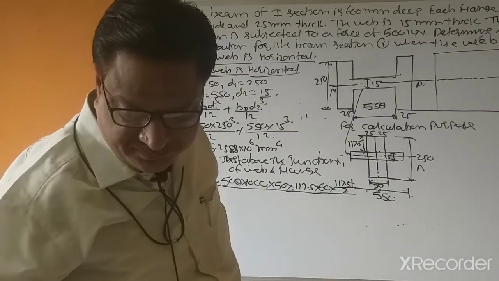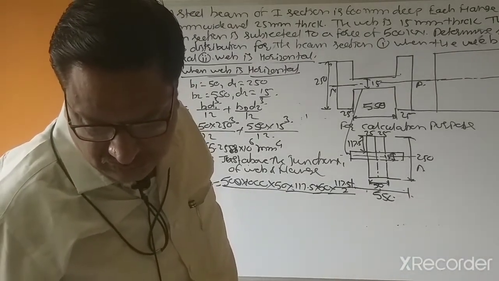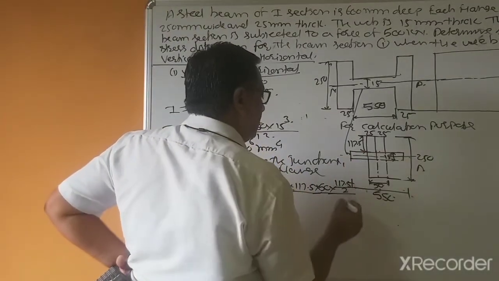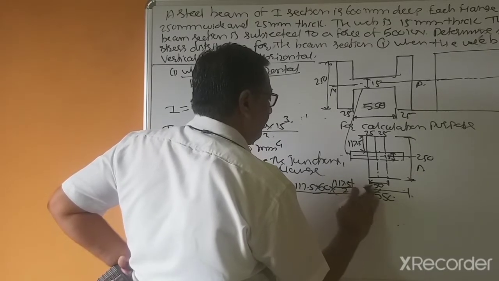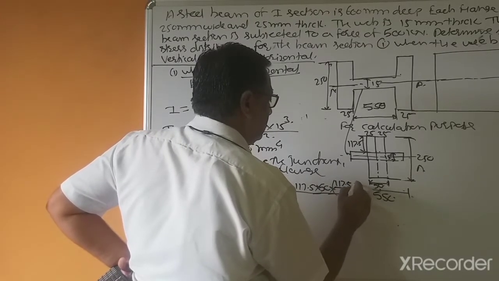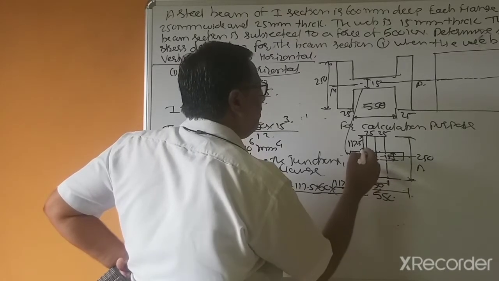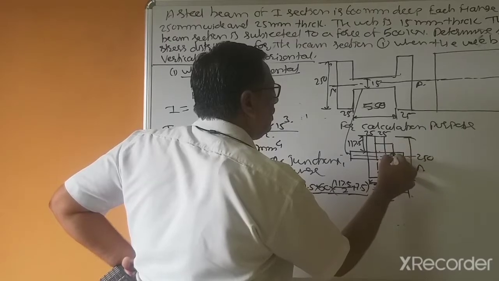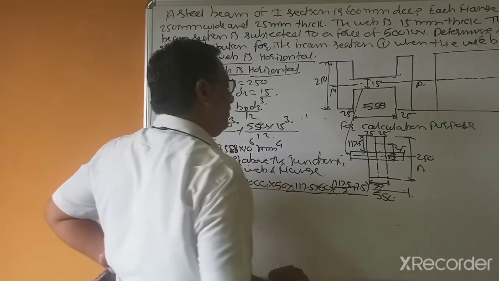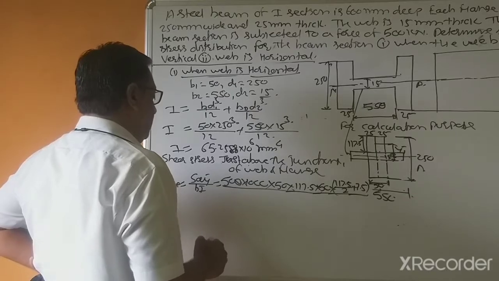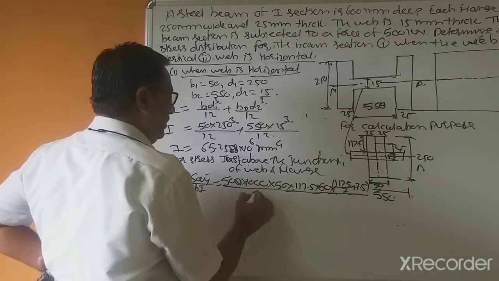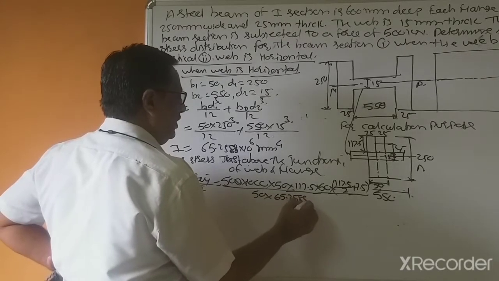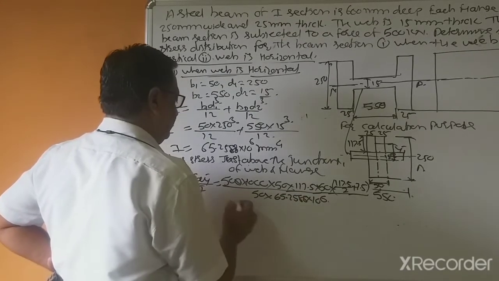I will check. Right, because this distance also is to be considered. So that's why plus 7.5, because this distance is the total Y1 bar divided by B equal to 50, and this is 65.2588 10 to the power 6.